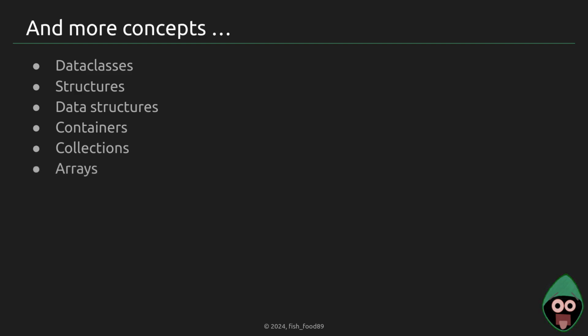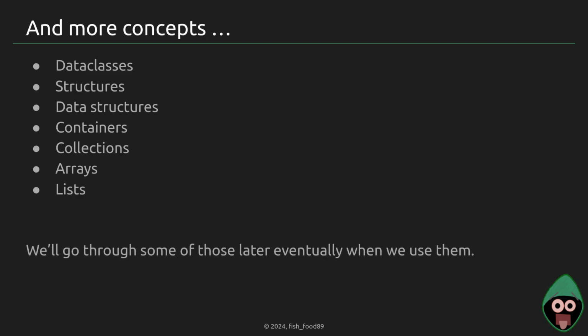Arrays are also types of containers or collections, depending on which term you're used to, and different programming languages prefer one term over the other. And lists. Arrays we see in Godot, but in Python, for example, lists are far more common, essentially the same thing in the way they're used. We'll go through those later, when we use them, and won't do that much deep diving into their theory unless I feel it's needed or someone requests it in the comments.